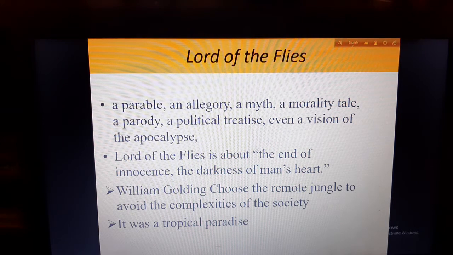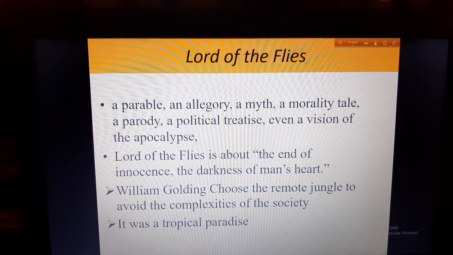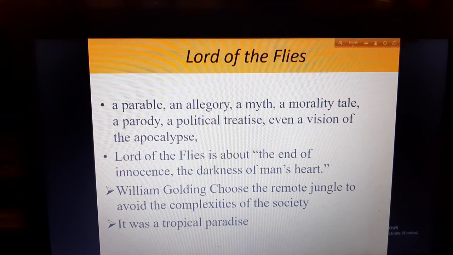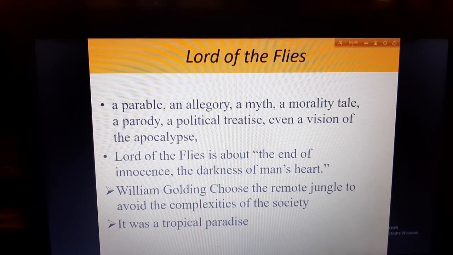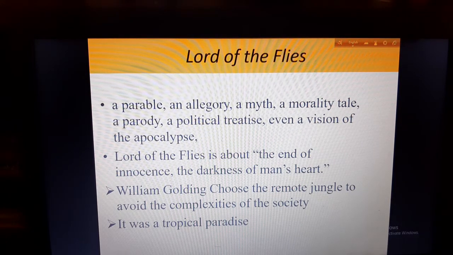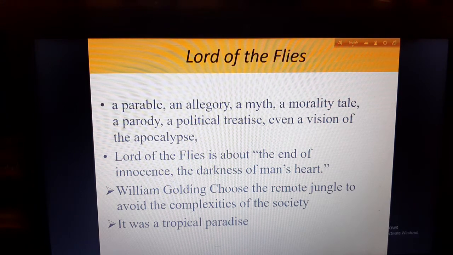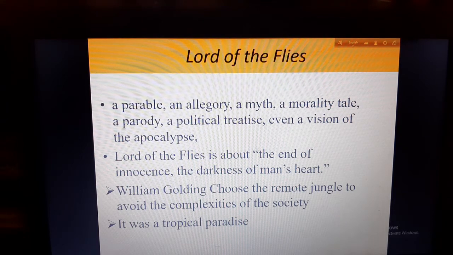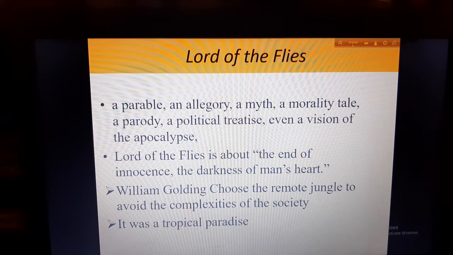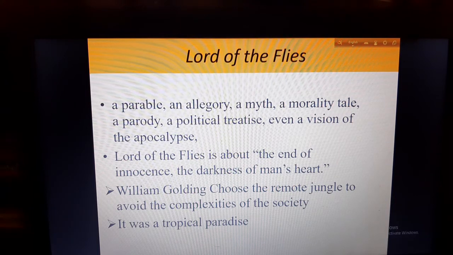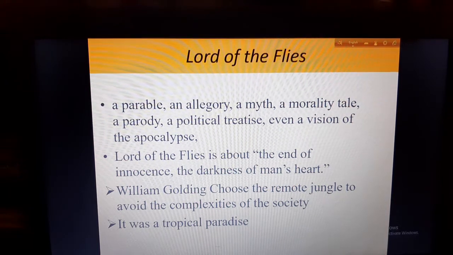So here we see that at first the little boys were very much innocent, and like in Paradise Lost, they lost their original residence and they have to stay in a dark forest, and in that forest we find the darkness of their heart, actually the darkness of man's heart.